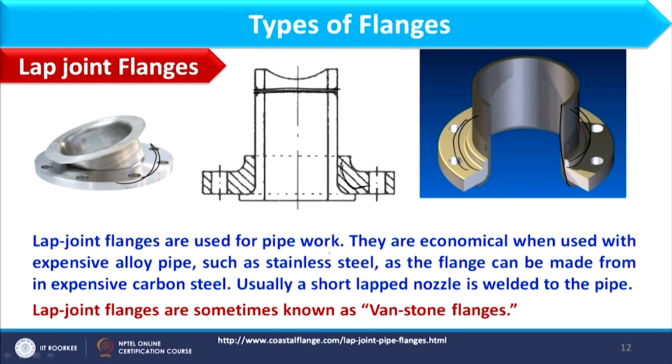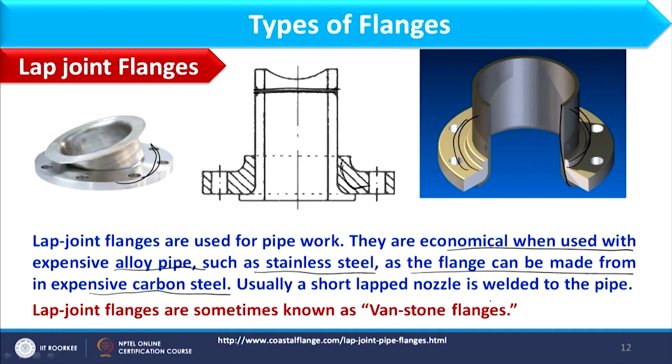Lap joint flanges are used for pipe work. They are economical when used with expensive alloy pipe such as stainless steel, as the flange can be made from inexpensive carbon steel.